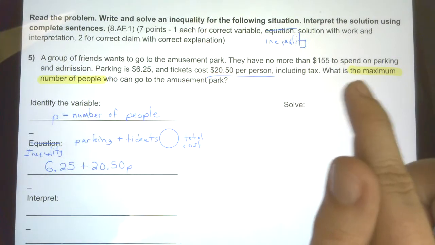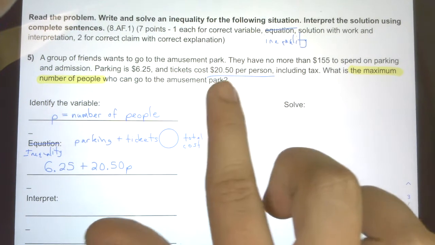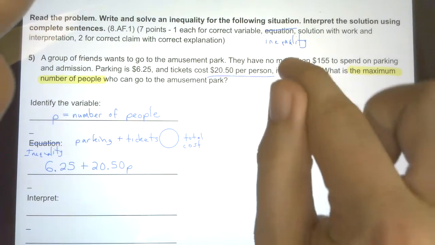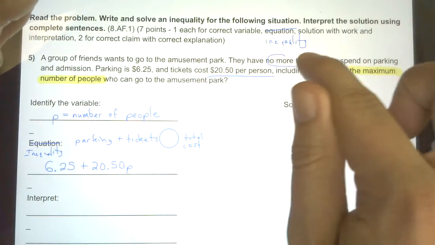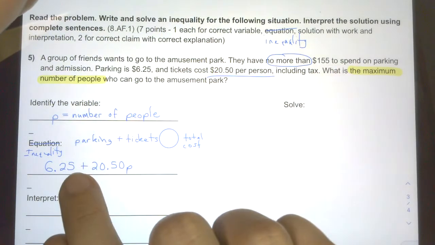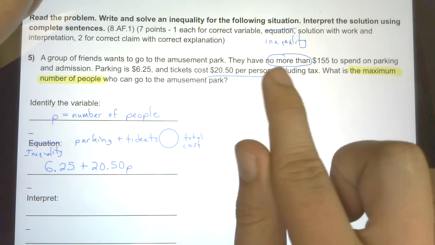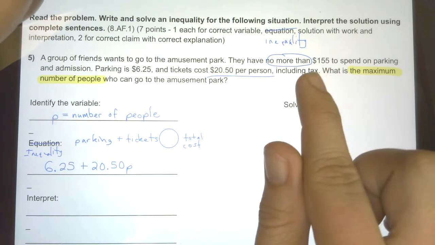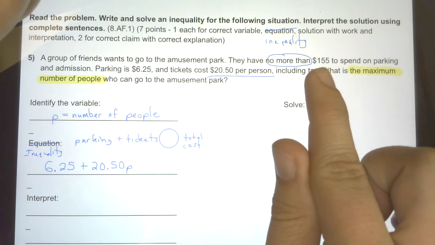Now, we need to figure out what that inequality sign is. It says what's the maximum number of people. There's another word or phrase in here that's going to help out. And it says they have no more than $155. So what needs to happen is the parking and the tickets need to be smaller than $155. It also says no more than, so it could be 155.